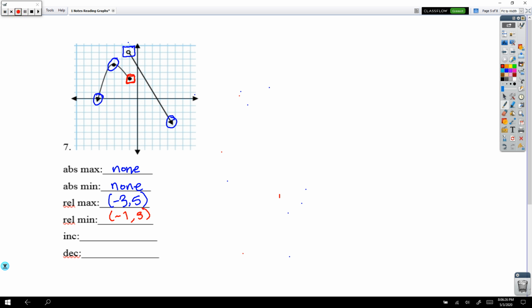All right? Increasing and decreasing, again, real quick. I'm increasing on the left side to here. Okay, so that's from negative infinity to negative 3. And then I am decreasing from here to here. So that is from negative 3 to negative 1.